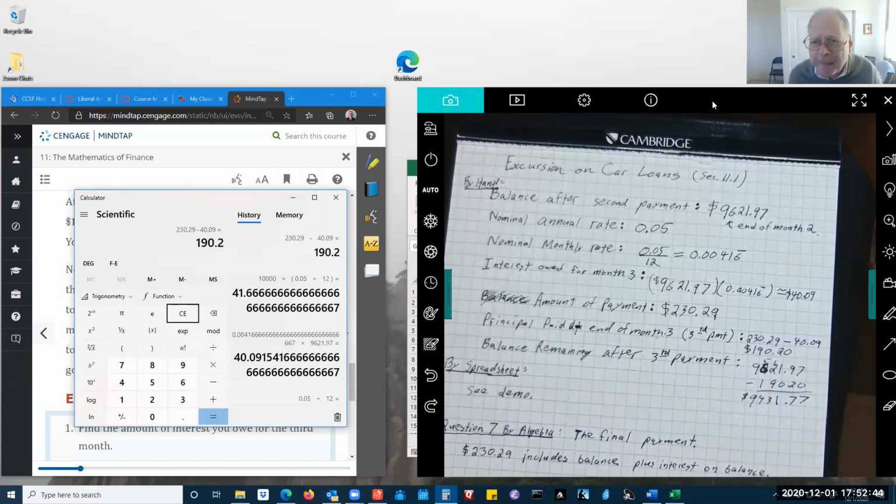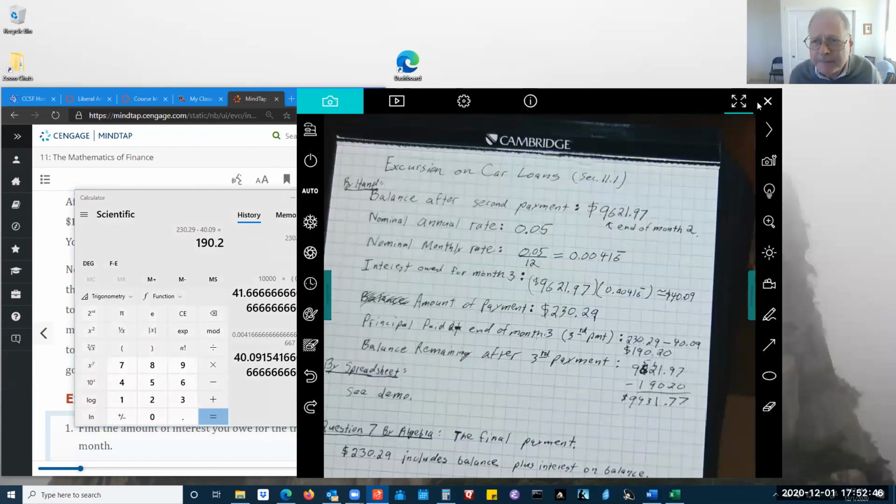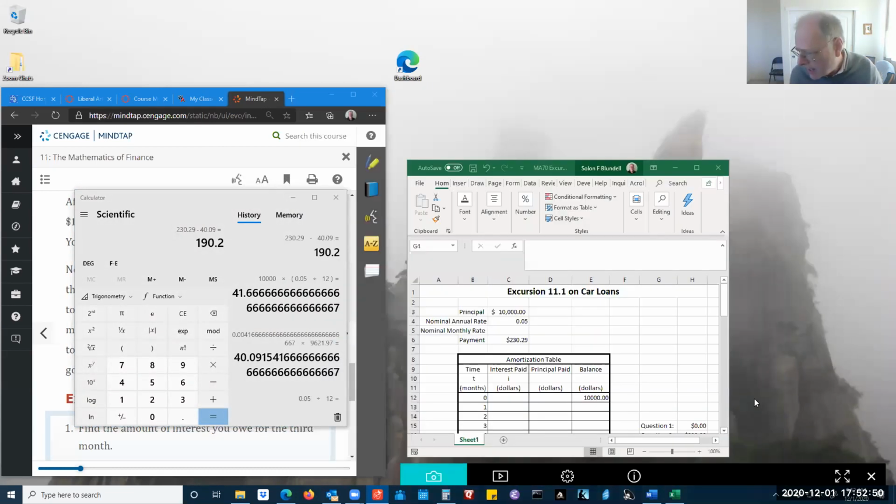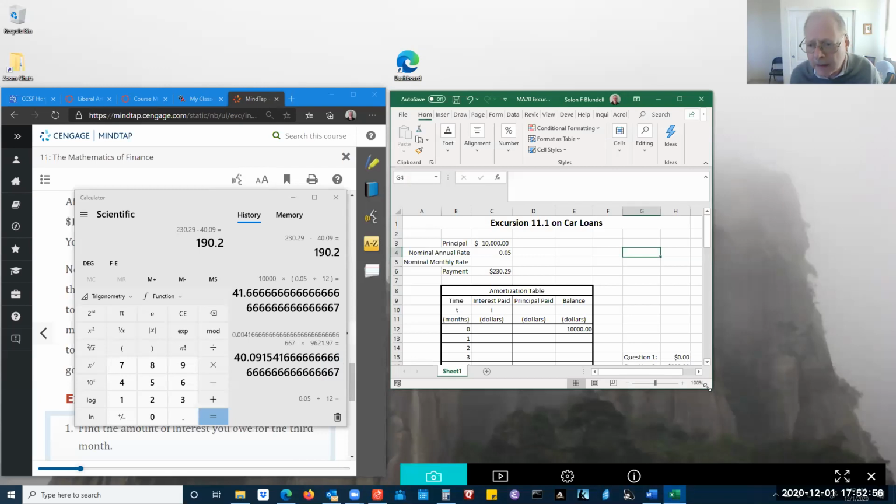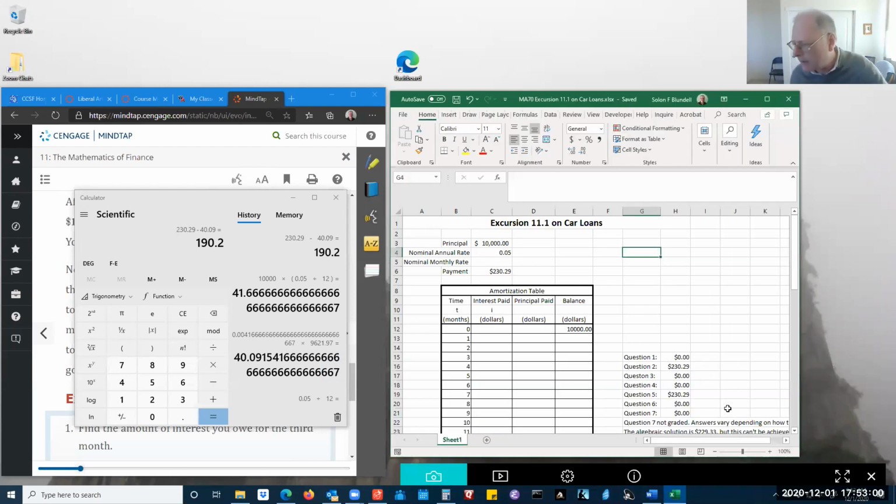Now, I want to show you how to do that with a spreadsheet. Because spreadsheets make things just a whole lot more convenient.